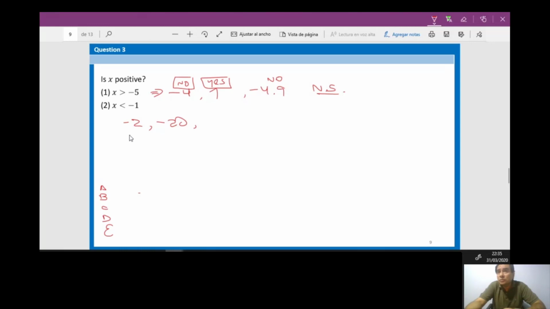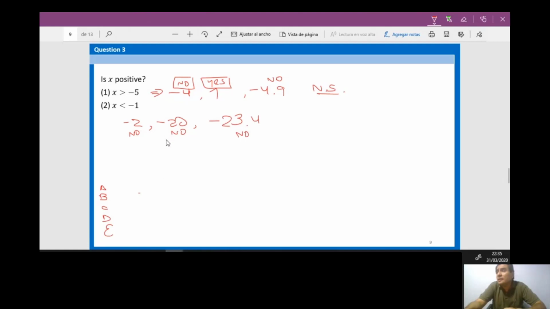So far, so good. With -2 as a value, we have no for an answer. With -20, we have no for an answer. -23.4 also yields no for an answer. So, what is going on?